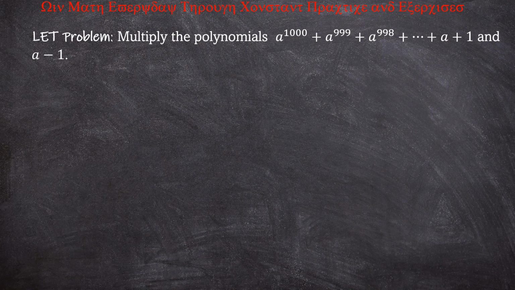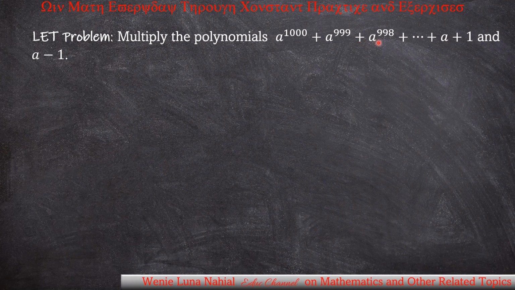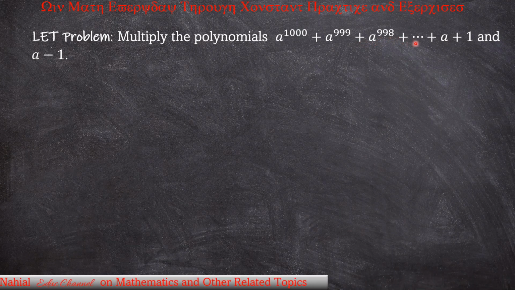Next problem. We have here: multiply the polynomials. The polynomials are a raised to 1000 plus a raised to 999 plus a raised to 998 plus 3 dots.